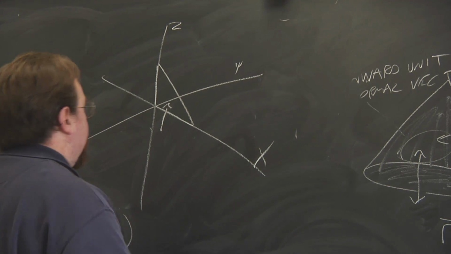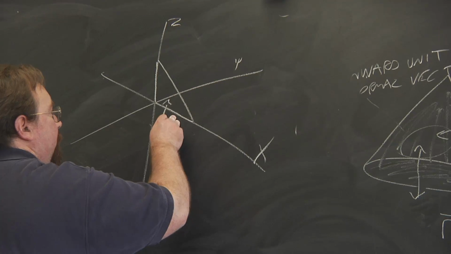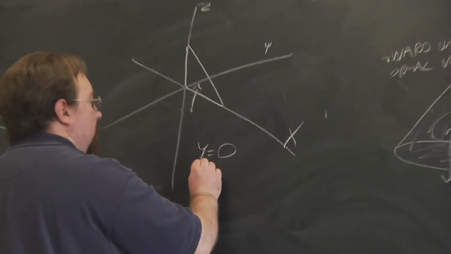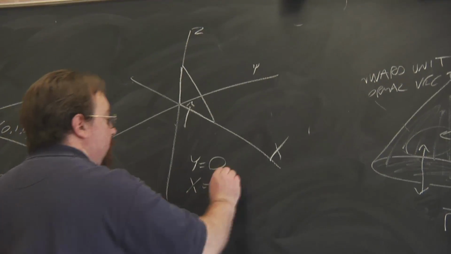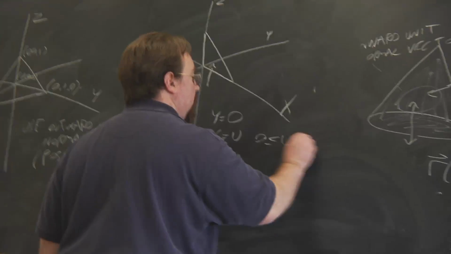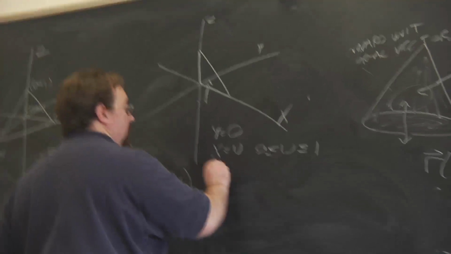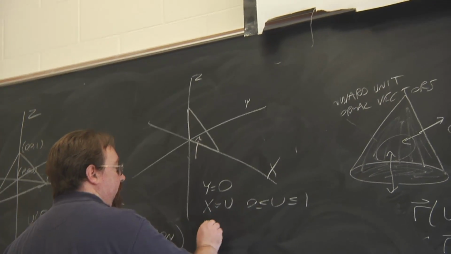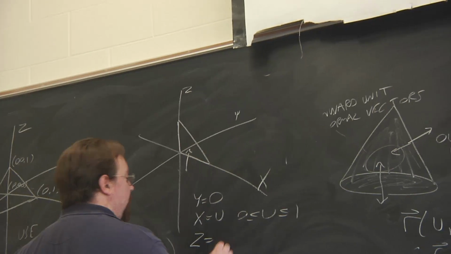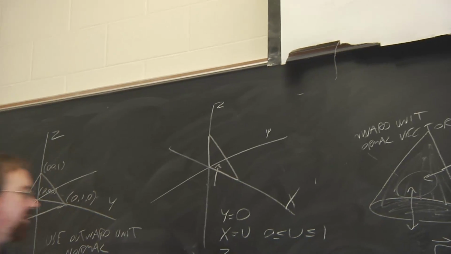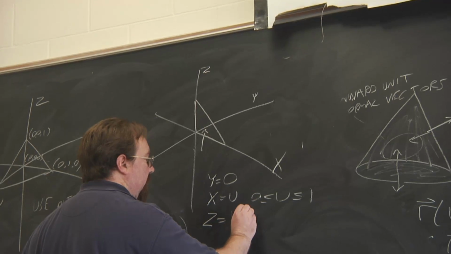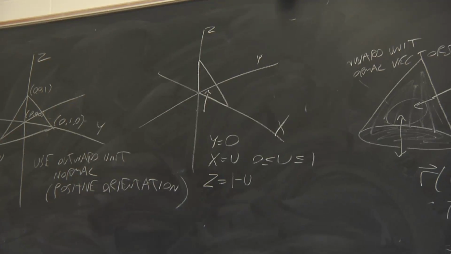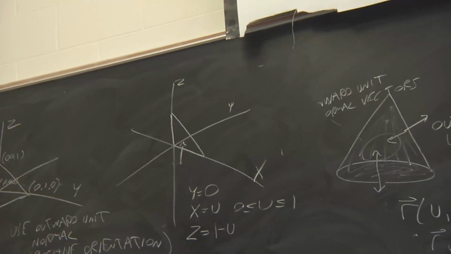The parameterization of this surface is y equal to 0, x equal to u, where u goes from 0 to 1, and z is going to be equal to 1 minus u, because of the boundary.